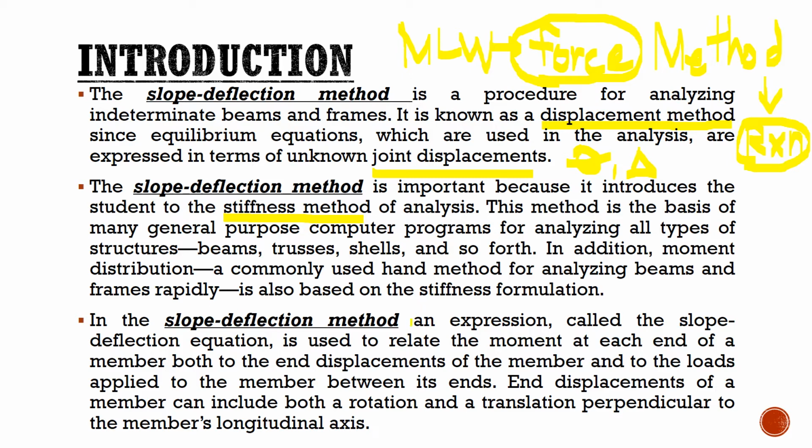In addition, moment distribution, a commonly used hand method for analyzing beams and frames rapidly, is also based on stiffness formulation. Later, we will discuss the moment distribution method or MDM. Usually, after SDM comes MDM.